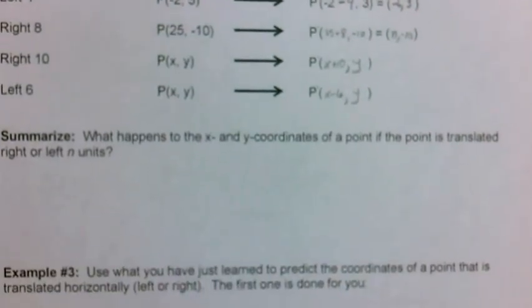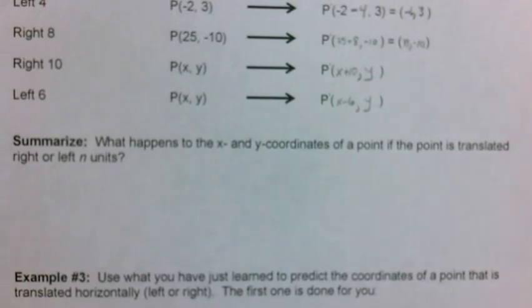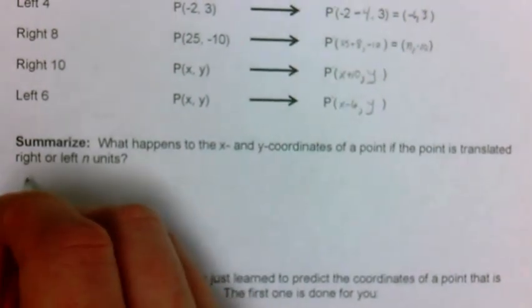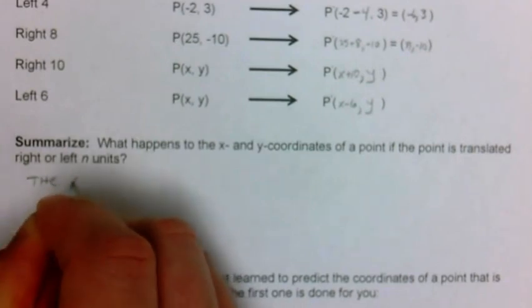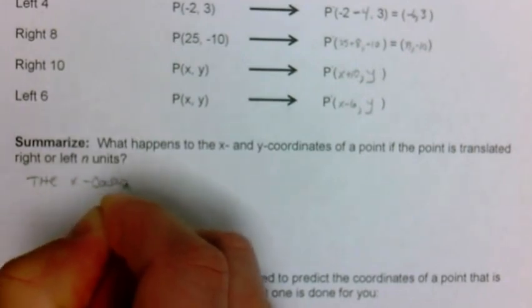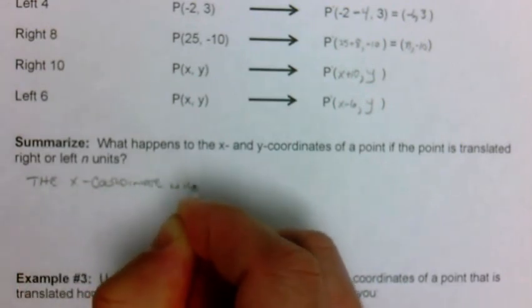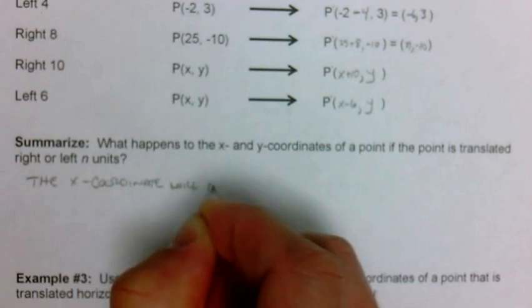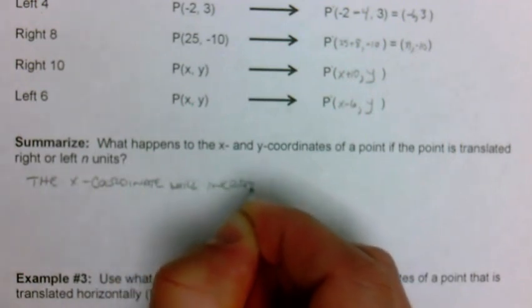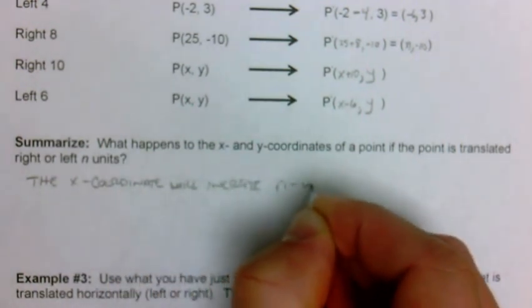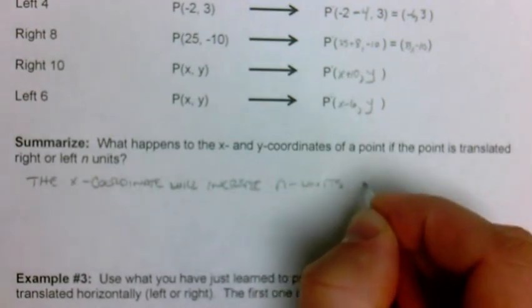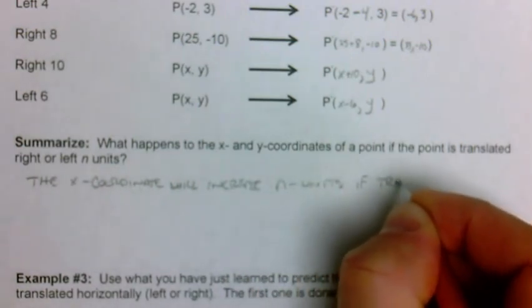Summarize what happened to your x-coordinate and your y-coordinate if we translate a point right or left by n units. Well, this means then that the x-coordinate will increase n units if translated to the right.